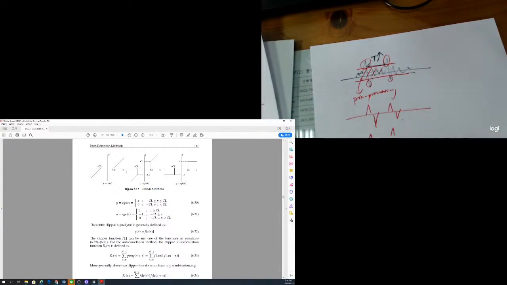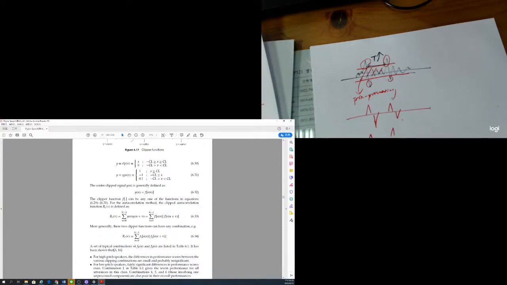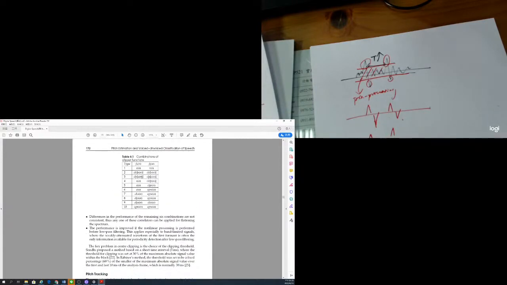How to determine the threshold? Some papers propose around 30% of your maximum amplitude. Based on this, you can sometimes get a little better performance, because it removes some not-so-important terms that still have some impact.